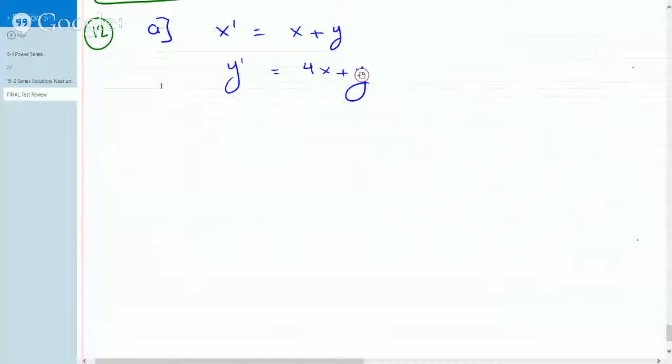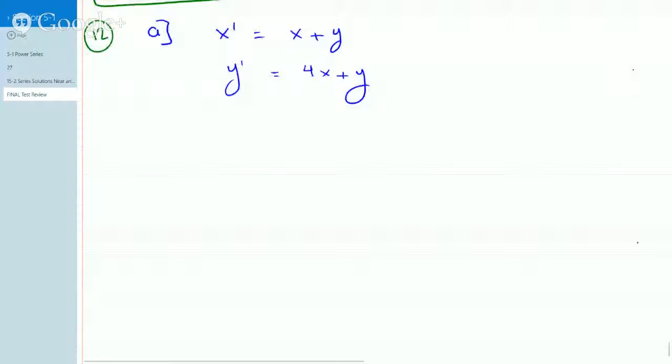Yes. So this set of differential equations needs to be solved using the matrix method, yeah?